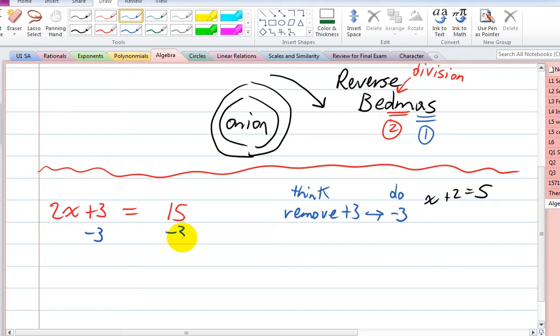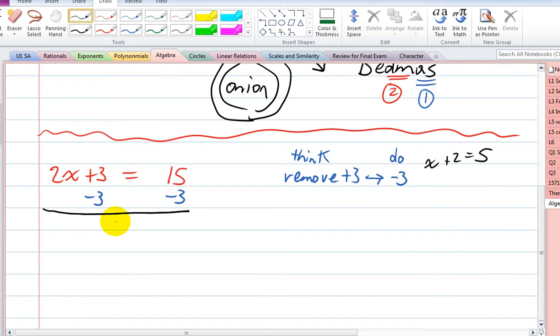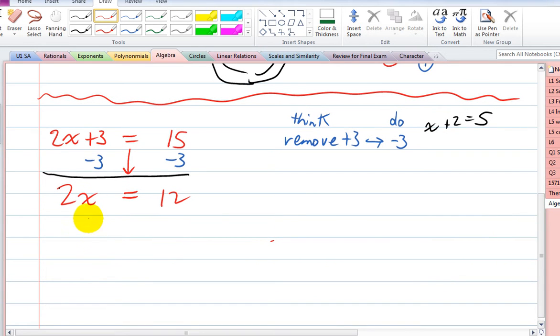Do the exact same thing on the other side. Now I'm balanced, and below this total line, these cancel out, and I'm left with 2x equals what? 12. Your equal sign should line up. You want to work vertically.